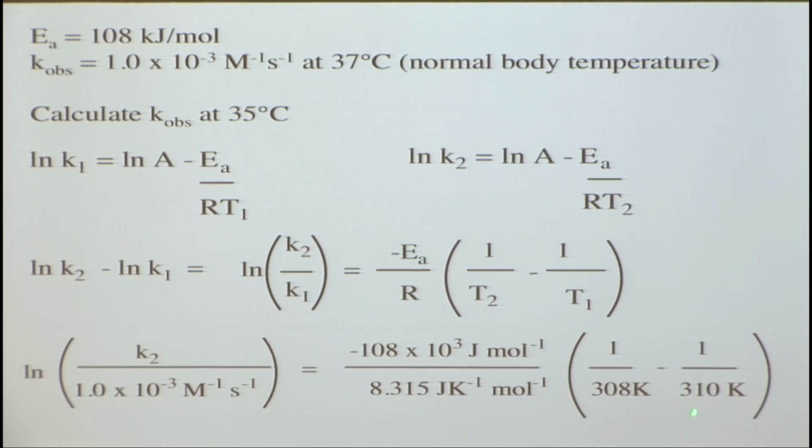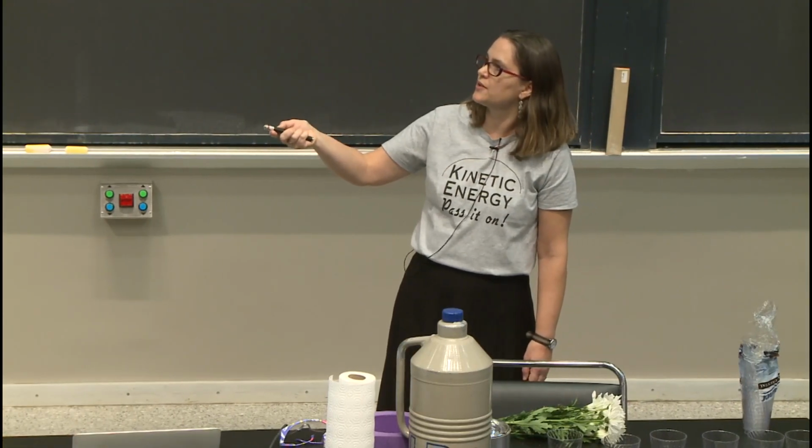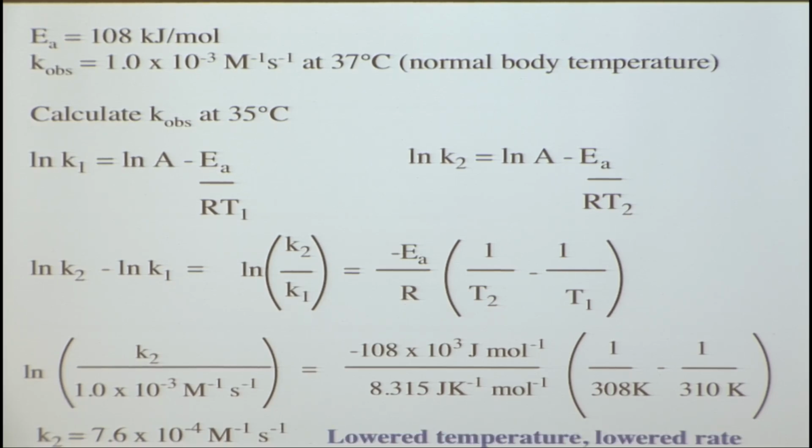We put in our temperatures, making sure we convert them to Kelvin, because our gas constant is in Kelvin. We also convert our activation energy from kilojoules to joules so that we can cancel our units. So now we can cancel joules, moles, and Kelvin. That gives us a new rate constant, 7.6 times 10 to the minus 4 per molar per second. This is a lower rate at a lower temperature.